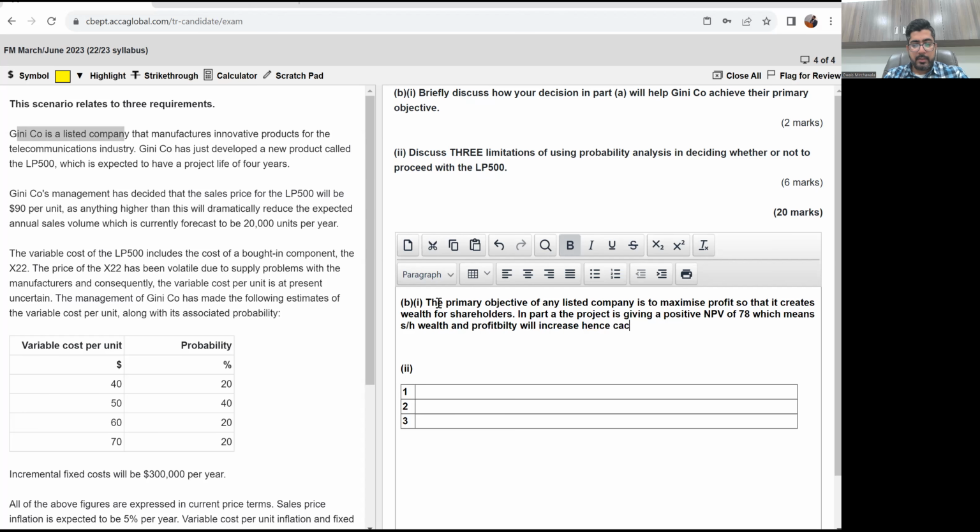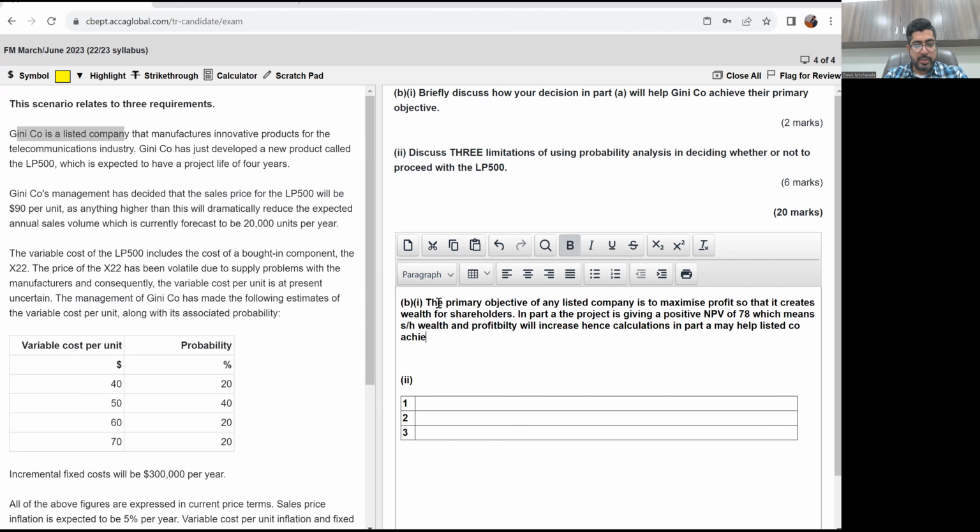Hence, calculations in Part A may help the listed company achieve its primary objective.